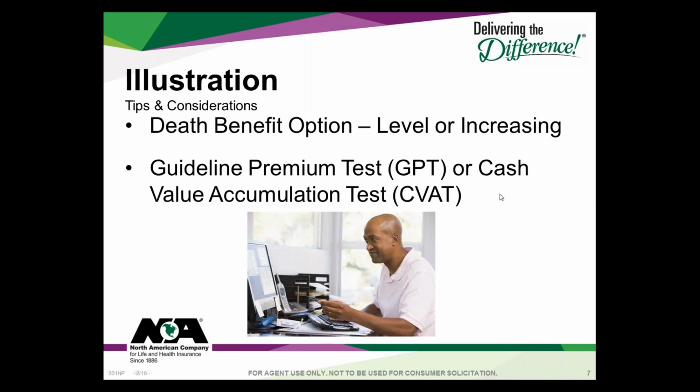And one of the other questions I get from people sometimes is, which one do I use, guideline premium test or cash value accumulation test? I see both. And sometimes we see people just using CVAT because, oh, it says cash accumulation, that's what I want, right?